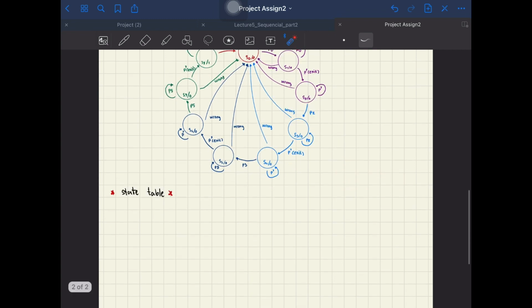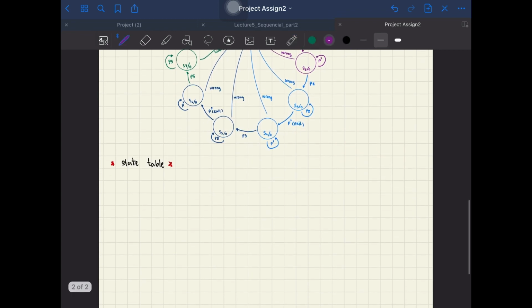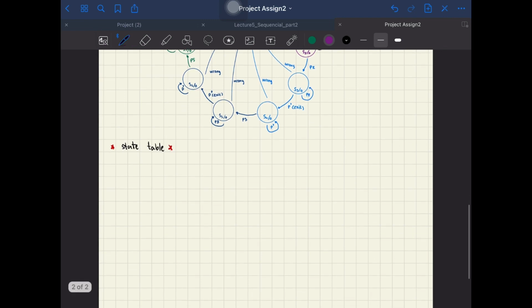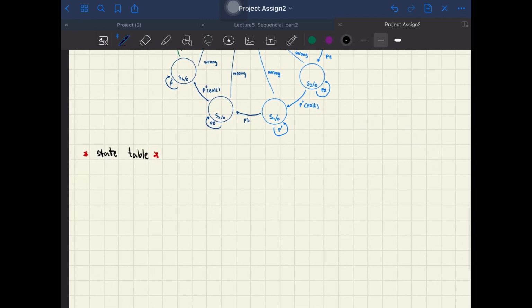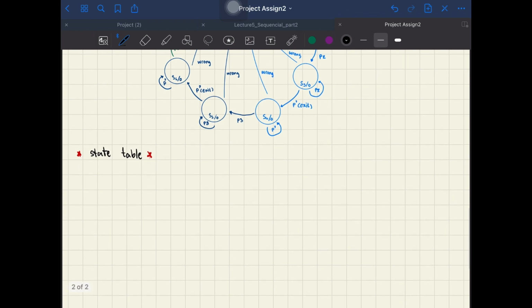That's why in the state table we need to have about 16 rows. And before anything, first we start with the present state. And we have the present state, and then we have the next state.